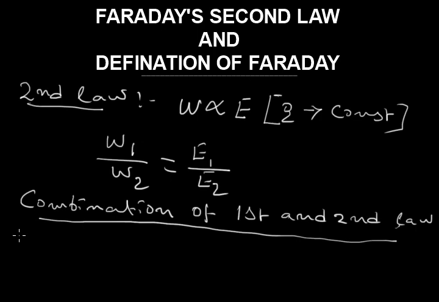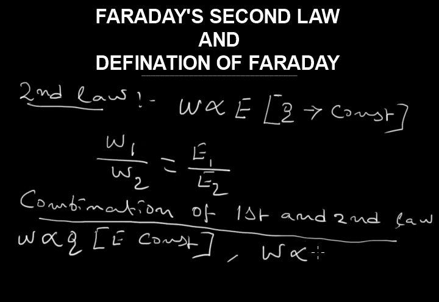According to the first law, W is proportional to Q. Here, E is constant. E means equivalent weight of the substance deposited at the electrode. And from the second law, W is proportional to E, where W is the amount of substance deposited at the electrode, E is the equivalent weight, and here Q is constant.